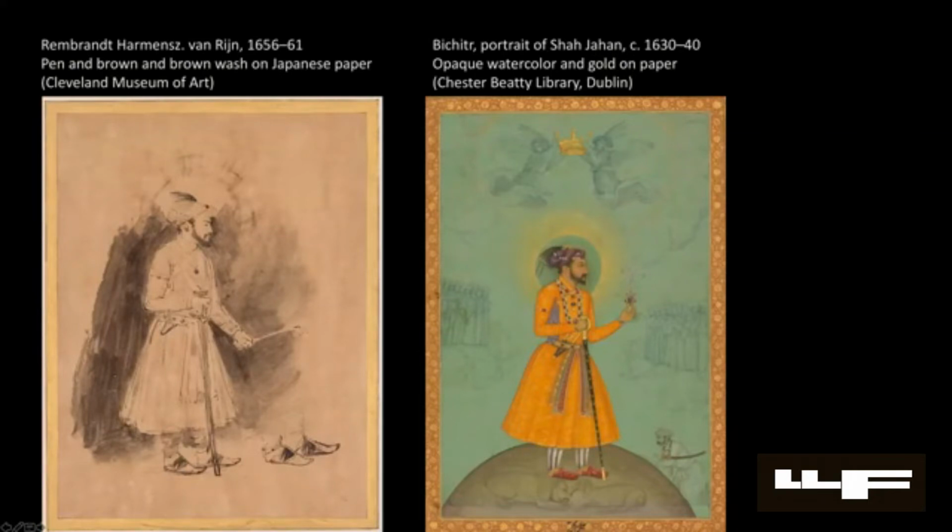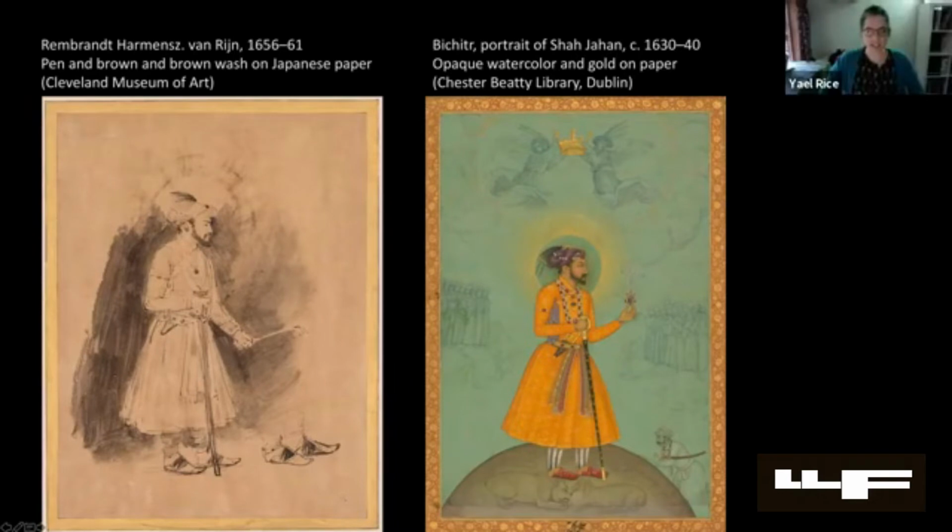So what we're looking at here on the left is Rembrandt's drawing, undated, but probably made around 1656 to 61. And on the right, a painting ascribed to the Mughal imperial artist Bichitr, showing a portrait of Shah Jahan.